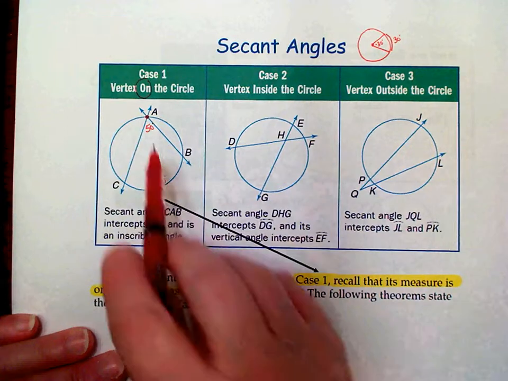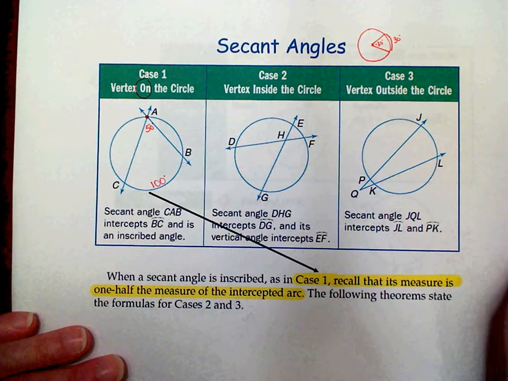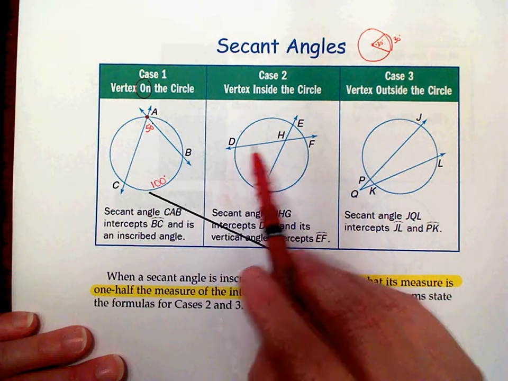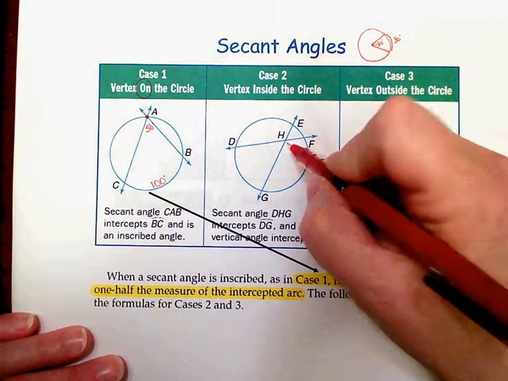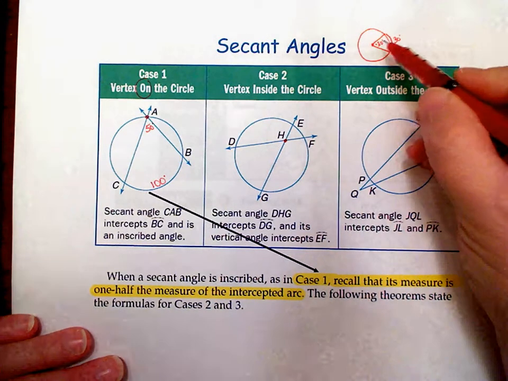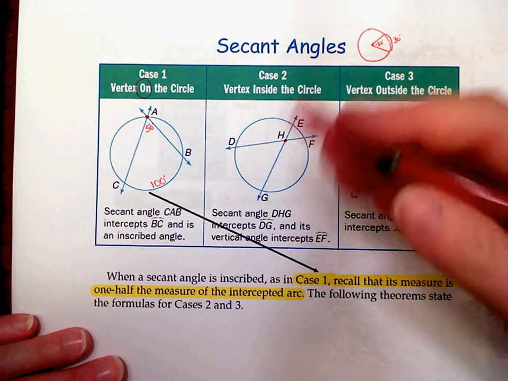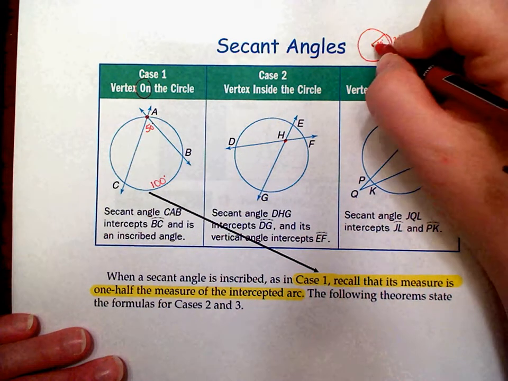So this is not a new case for us. Our new cases are going to be the second and the third one here. Here is where two secants are intersecting at point H. Now these are not central angles because H is not the center of the circle. Remember me telling you, you'll be able to tell if it's a center if it has a defined point.